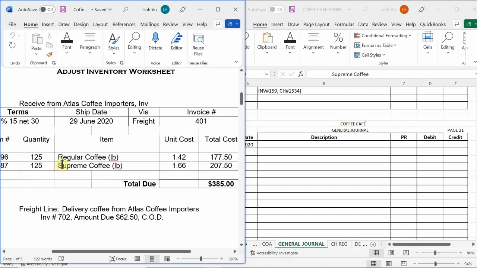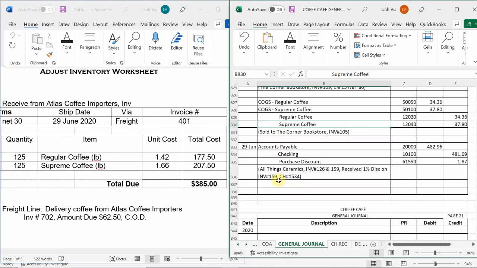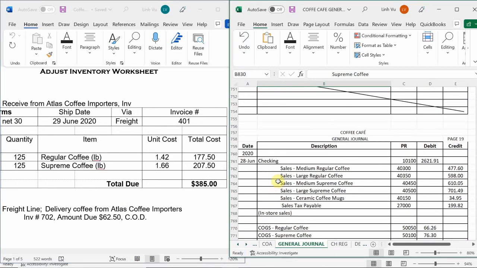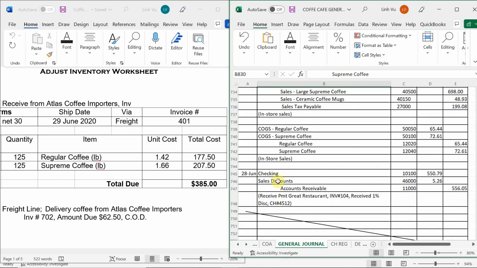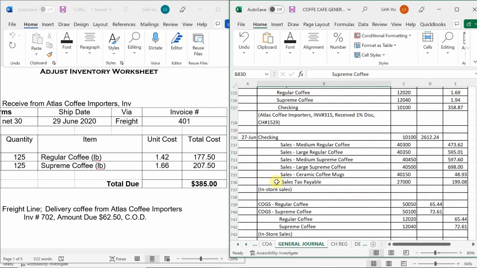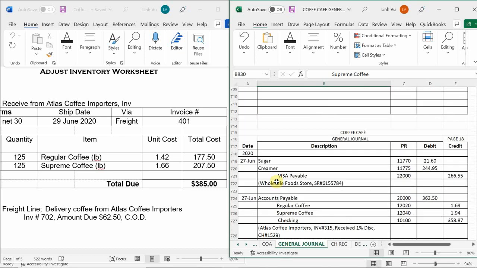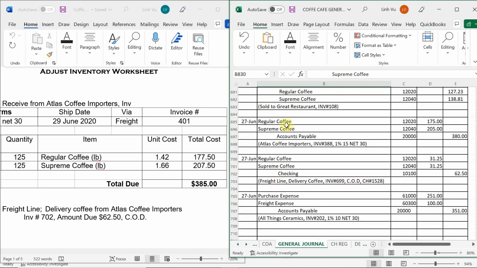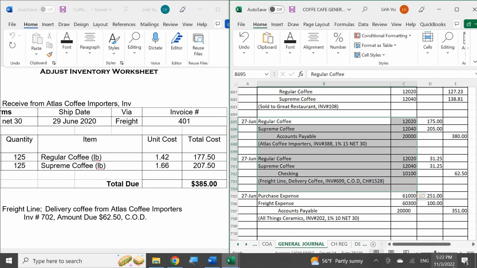So here you go. We received more coffee. Okay, so regular coffee, supreme coffee. Here you go, regular coffee, supreme coffee.